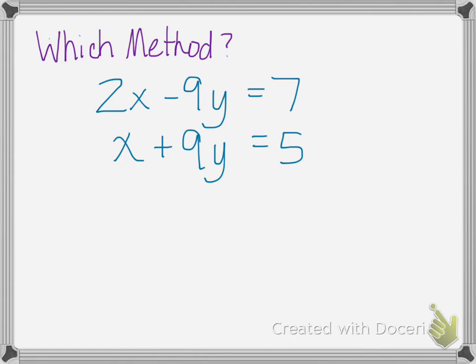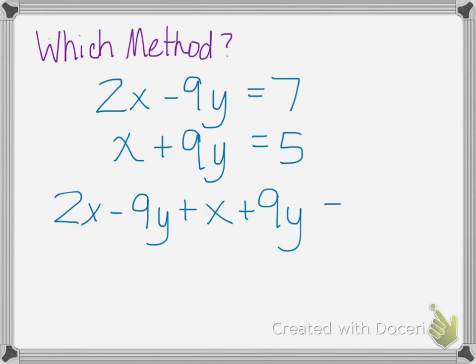All right, so hopefully you saw that eliminating the y terms would be the simplest thing here. I would add the left-hand sides, 2x minus 9y plus x plus 9y, and say that that's equal to the sum of the right-hand side, 7 plus 5.